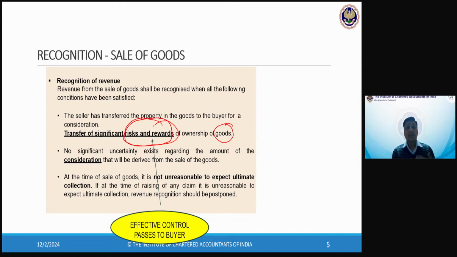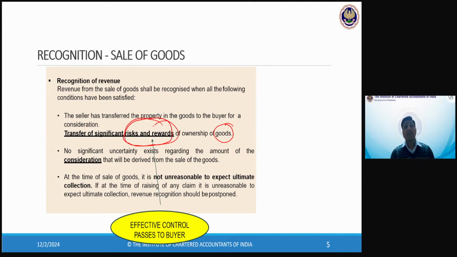Now, in this case, there's a risk. What's the risk? That goods may be lost. I'm not saying that they will always be lost, but a risk is there. Or maybe some of those goods are damaged for any reason.